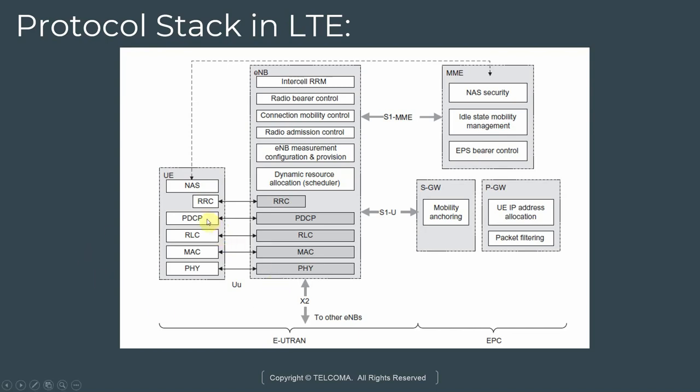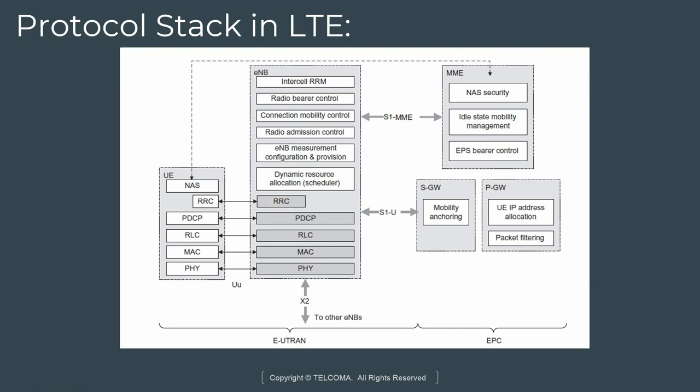So there is the layered model here, and then you have these protocols that run between the same layers across two different hosts, essentially. So the UE and the eNode B, on the physical layer, would talk via the physical protocol. On the MAC, the protocols used would be the MAC layer protocols, and so on and so forth. On the RRC, the radio resource control protocol is used to talk at this layer, layer 3. Essentially, this is layer 3.